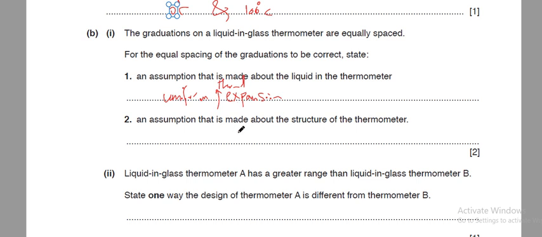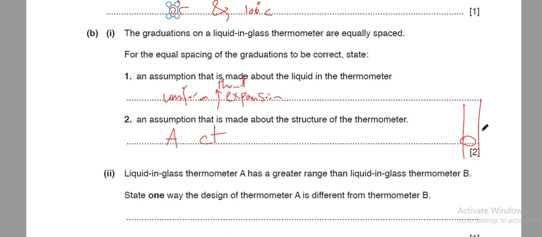An assumption that is made about the structure of the thermometer: its cross-sectional area should be constant. So the volume increase due to the temperature increase is noticed as an increase in height.